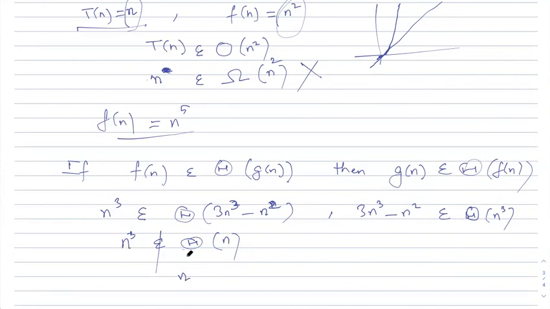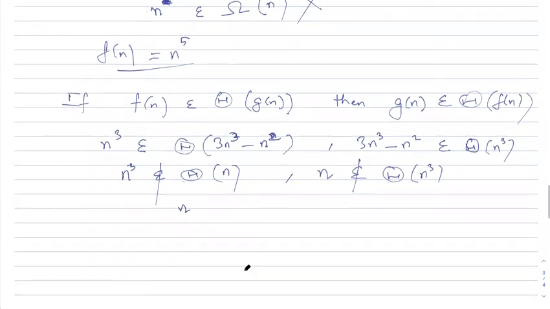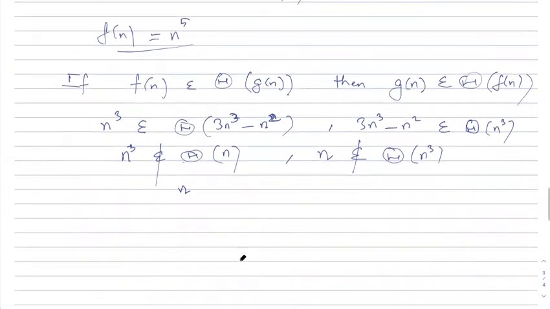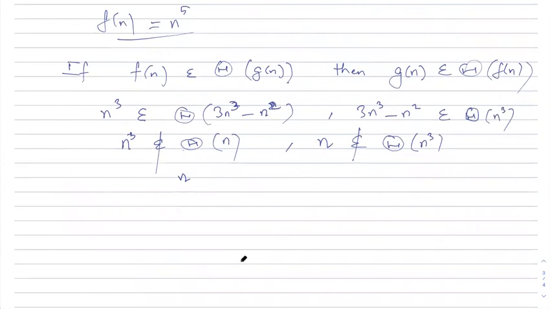So n cube is not an element of big theta of n. And likewise, it goes in the reverse direction as well: n is not an element of big theta of n cube. They are kind of duals of each other, you can think of.